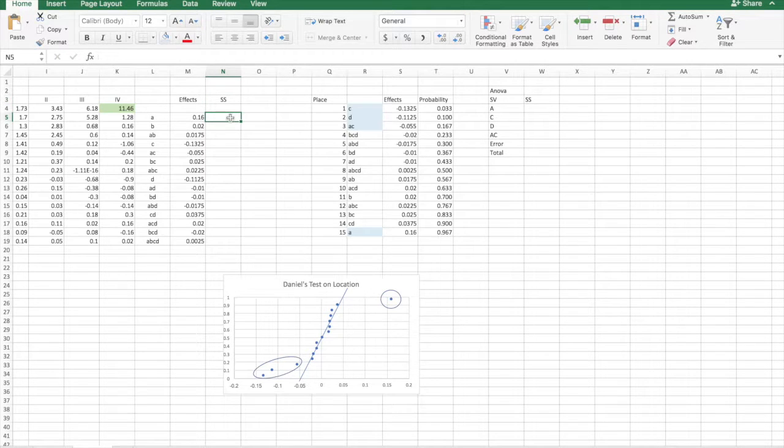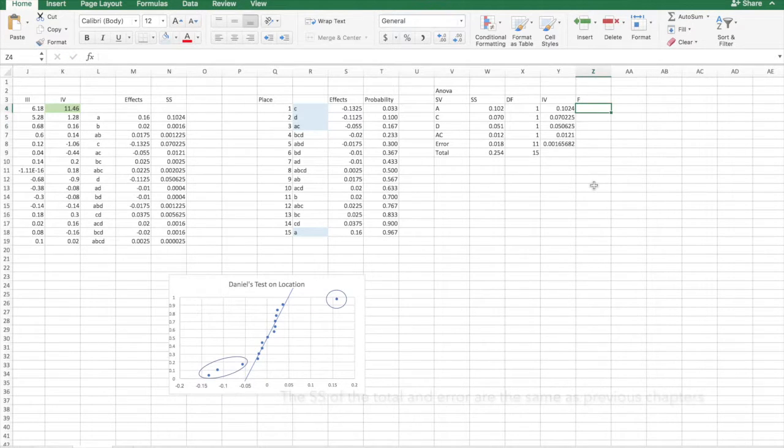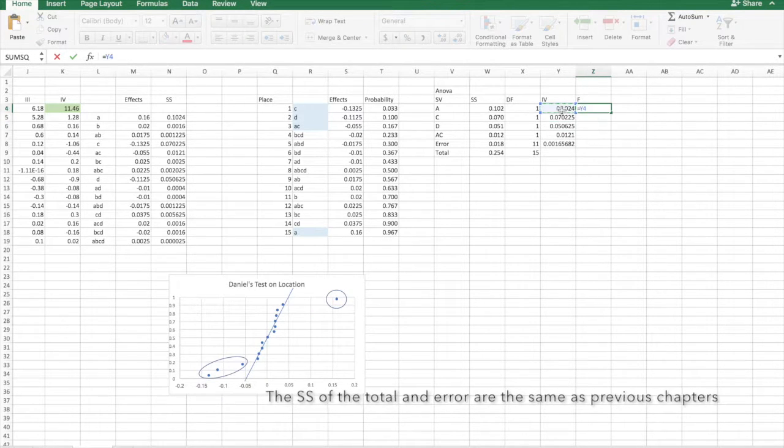Sum of squares equals the contrast squared divided by n, which was 1, times 2 to the 4, because we have 4 factors, which is its individual variance over the individual variance of the error.